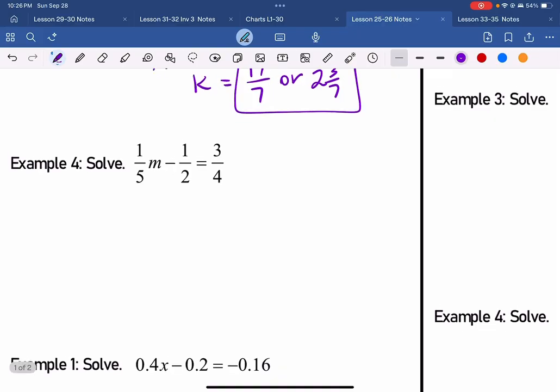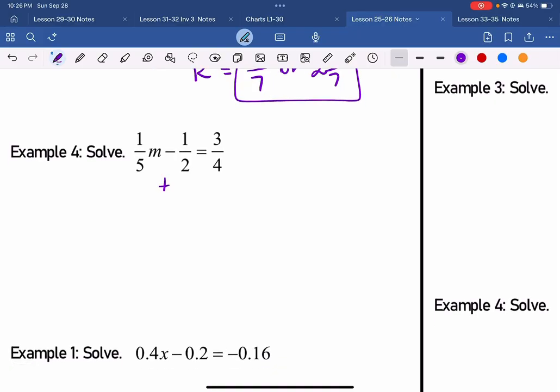Okay, fractions. Don't let those intimidate you. Just follow the same exact steps. We have to add 1/2, but we need to rename this to 2/4 because we need a common denominator, right? So we have 1/5 m is equal to 5/4. Do you remember how to get rid of a fraction that's stuck to a variable?